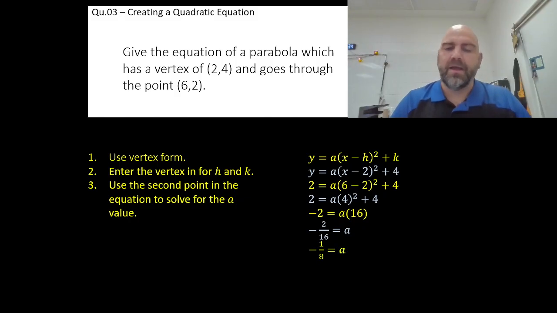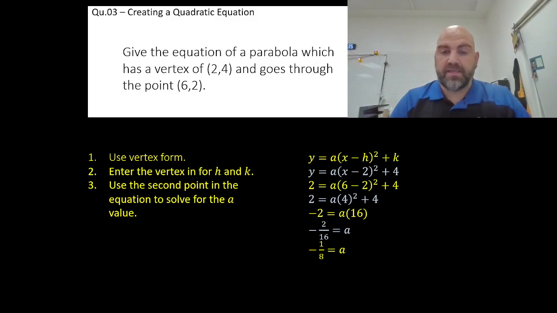That's much better. This is the a value that's going to make this equation work so that (6, 2) can be on a parabola where (2, 4) is the vertex. When that point is on this parabola, and we're given a specific vertex, this is the a value that will make that work.